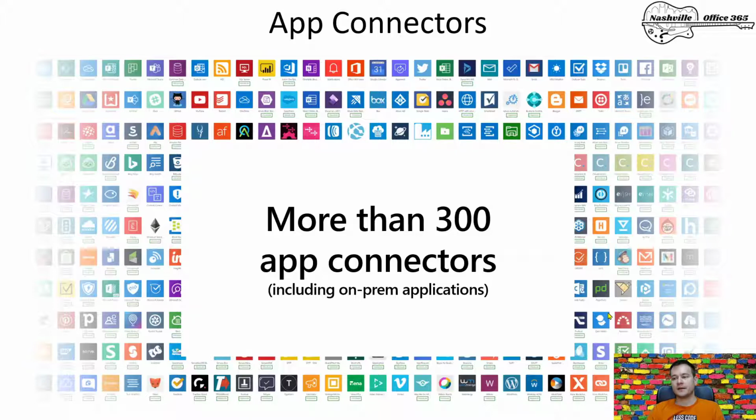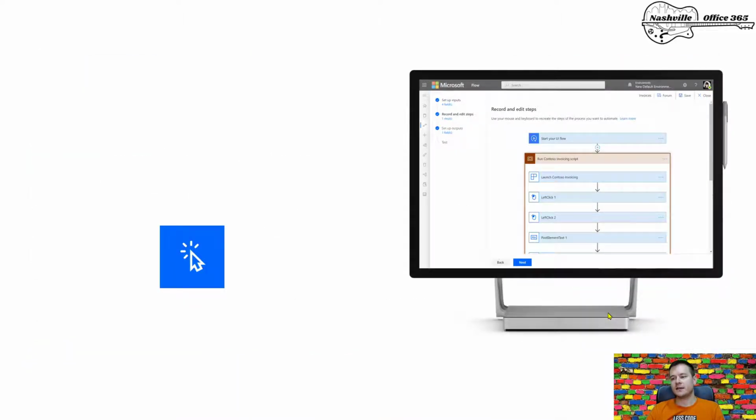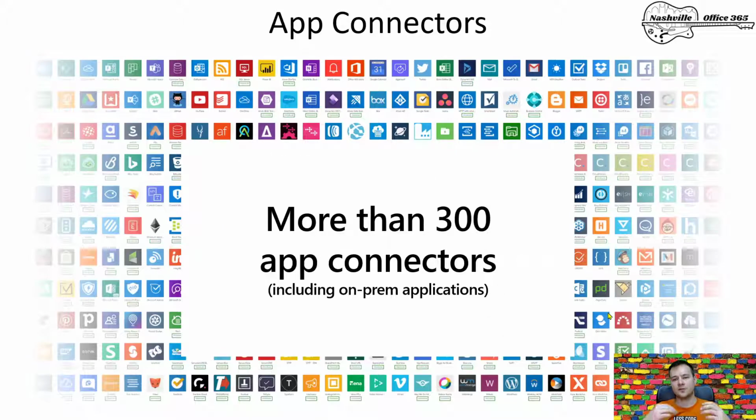And even if there is no connector that we would like to use, but we know that this application that we want to integrate in our system, in our process, has an API, we can still create a custom connector, or we can call that application through the web request, the HTTP request action.